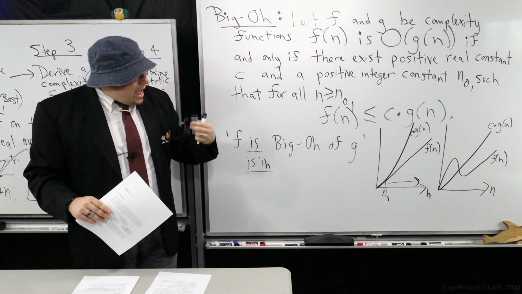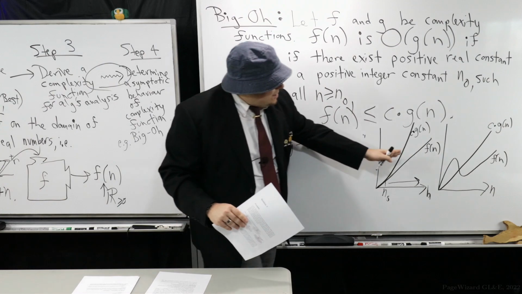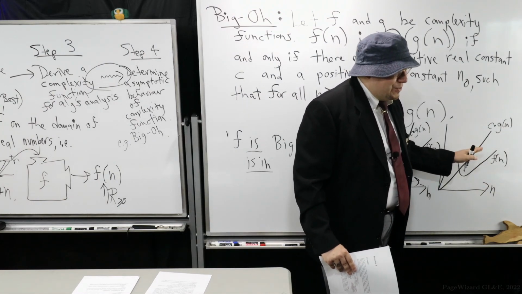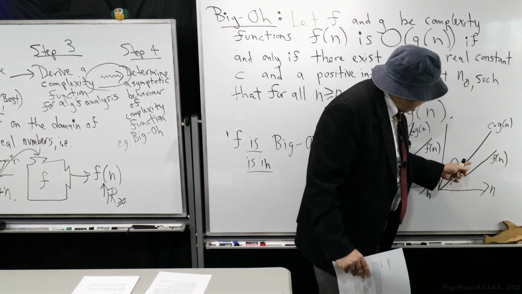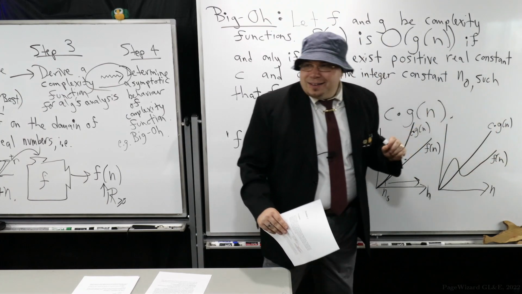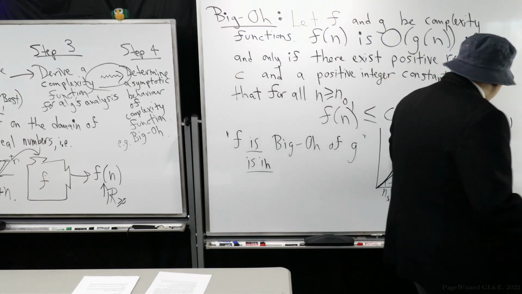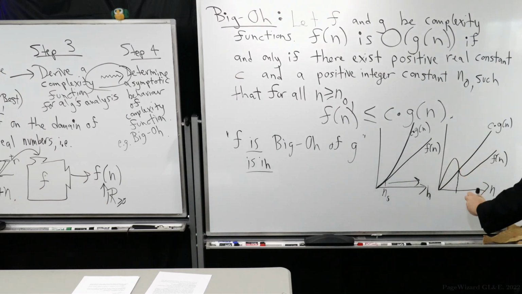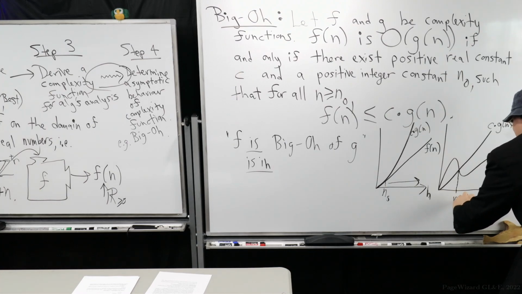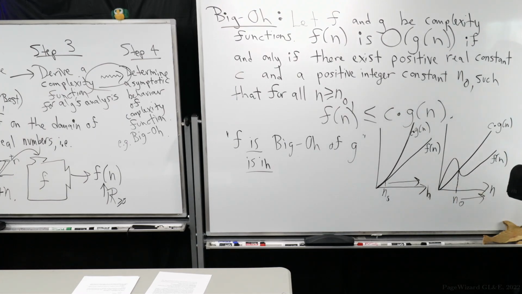But after that point, presuming these are the behaviors of these functions afterwards, this one keeps going up much quicker than this f curve does. If I look at this point where these two intersect, I can pick here or anywhere after here, and this curve, the g-related one, is always above the one with the f.